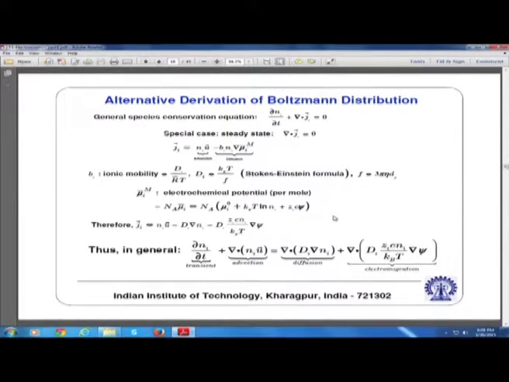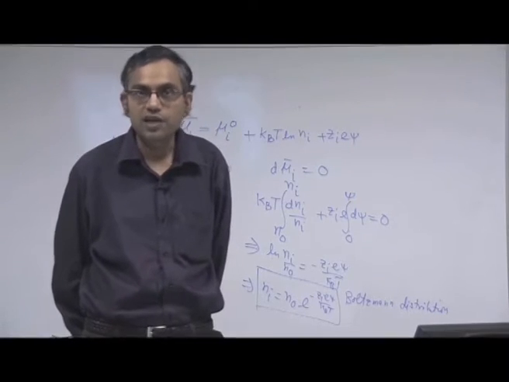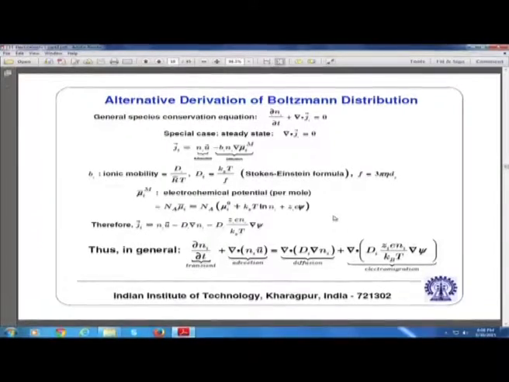In many applications in chemical engineering we are talking about species which are not charged, but here we are talking about species which are charged. So we will start with the first equation, the general species conservation equation, del Ni del t plus del dot J equal to 0, right. The unsteady term and the divergence of the flux.